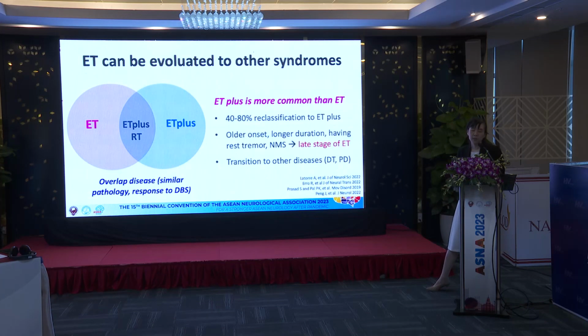ET can evolve to other syndromes, and you can see here that ET and ET plus have a clinical overlap due to the similar pathologies and the responsiveness to DBS. And ET plus is more common than essential tremor, and ET plus has older onset, longer duration, having rest tremor and non-motor symptoms that indicate a later stage of essential tremor.